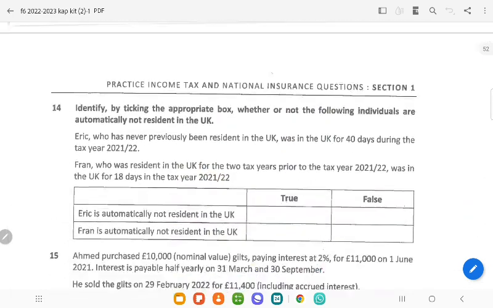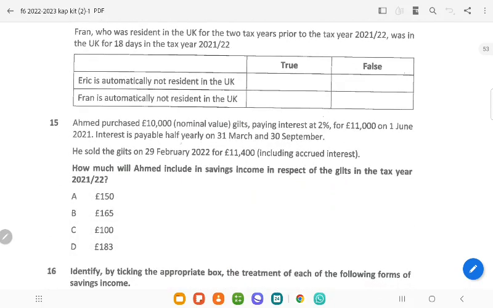And question number 15, where Ahmed purchased 10,000 of gilts paying interest at 2% for 11,000 on 1st June 21. Interest is payable again half yearly on 31st March and 30th September. He sold the gilts on 29th February for 11,400.